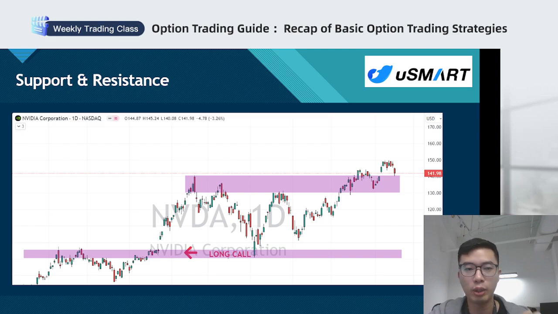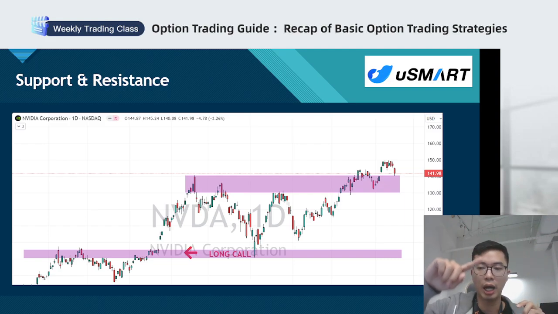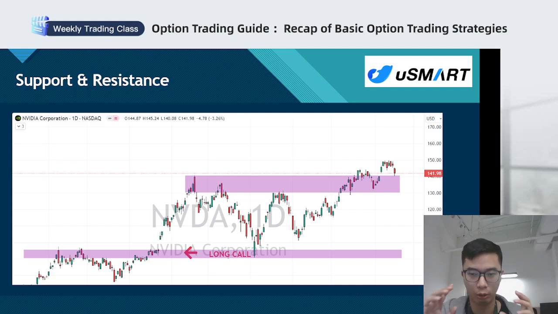So here we can see what support and resistance are. Resistance is when the price keeps hitting a certain high and keeps getting rejected from it. When it hits many times, it will form a resistance there. Then when the price breaks through the resistance, you can say that the stock is breaking out.